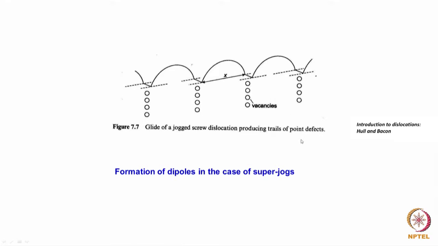So, if a climb process takes place, either interstitials are emitted or vacancies are emitted from that region. Here what essentially happens is that when this goes up, we are considering the case where vacancies are emitted.